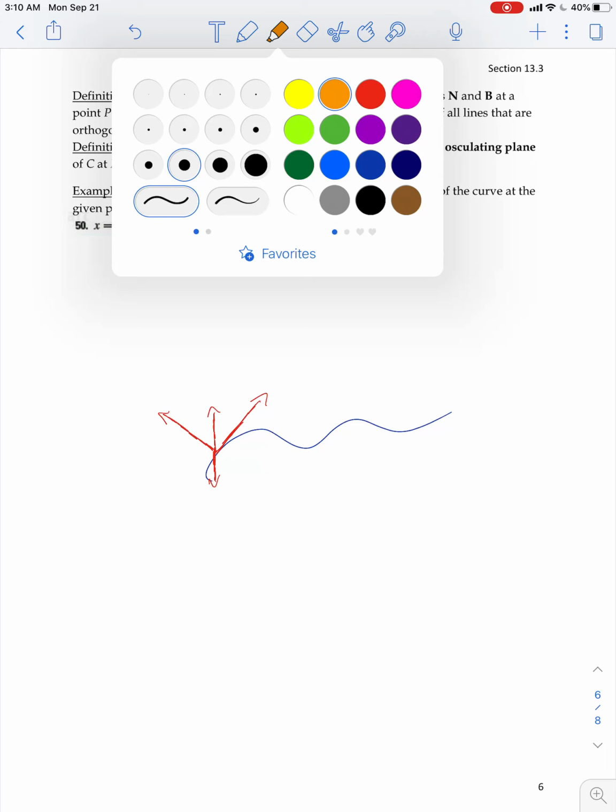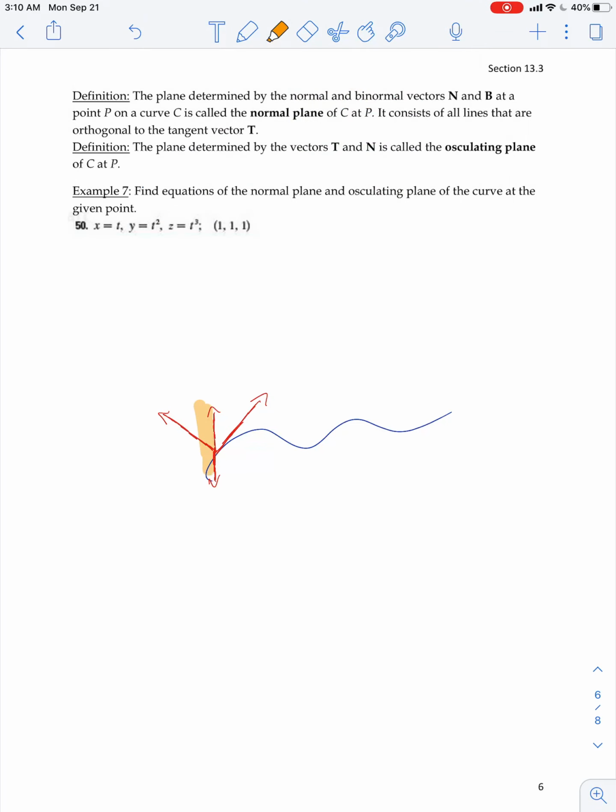The plane right here is going to be the normal plane. This plane right there. Alright? And that's just going to contain all vectors that are orthogonal to the tangent vector. So that is what would be called the normal plane.